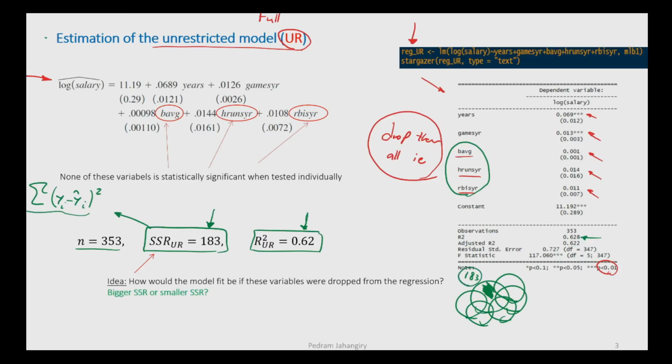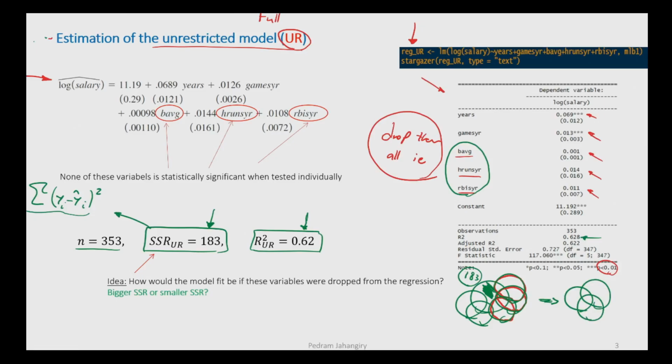I'm going to compare this number with the case where the 3 variables are dropped, right? So let me use another color. Remember, these 3 are our performance measures. Let's go ahead and drop them. So this is my y variable, x1, x2, and now we drop those 3, right?